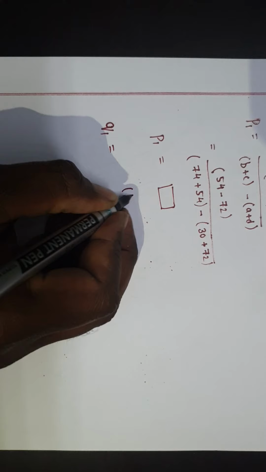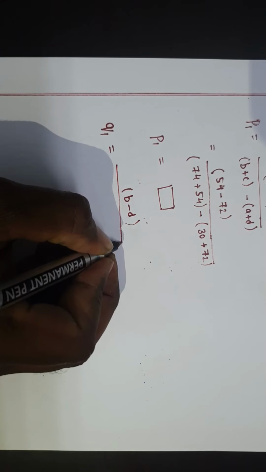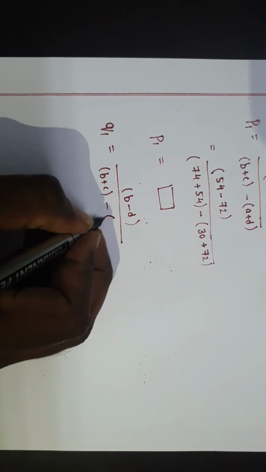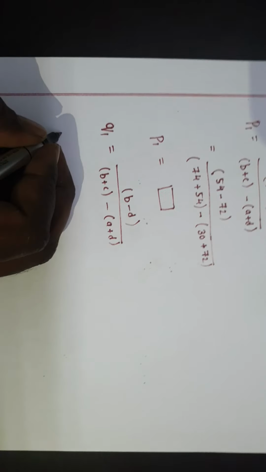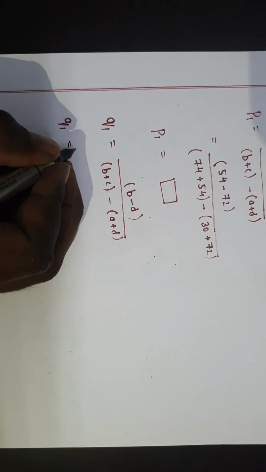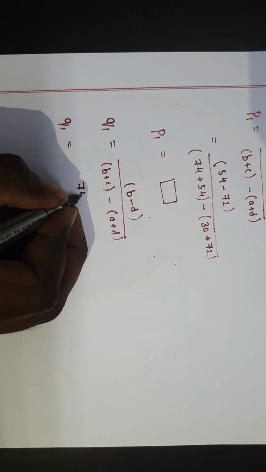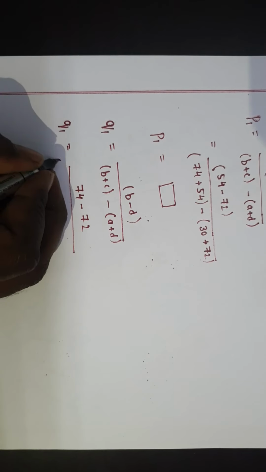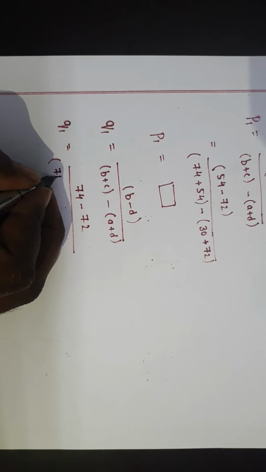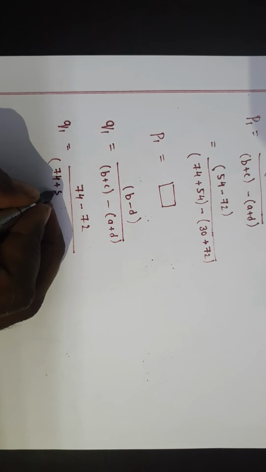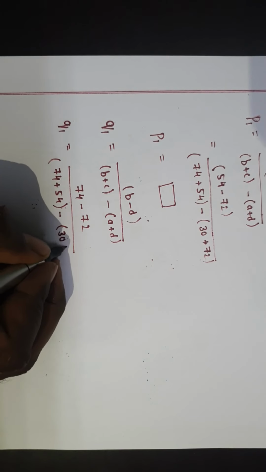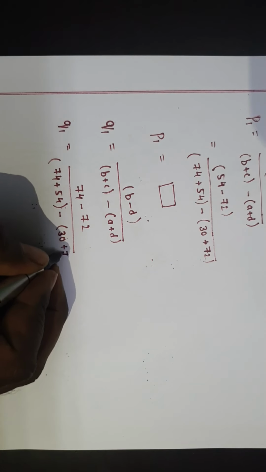For finding Q1, the formula will be B minus D by B plus C minus A plus D. So Q1 is equal to B value 74 minus D value 72 by B value 74 plus C value 54 minus A value 30 plus D value 72.